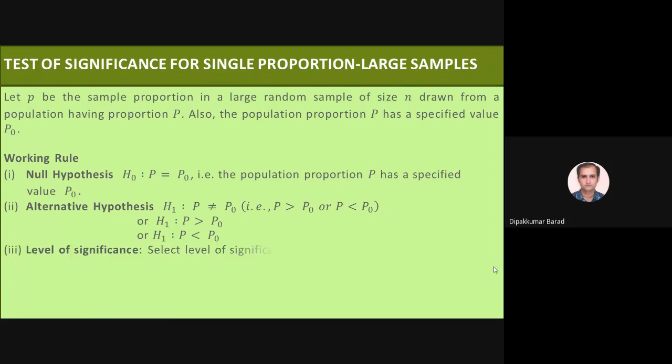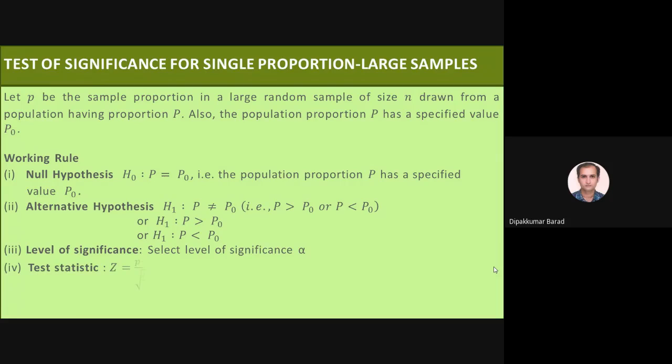Once we set the hypothesis, we have to write the level of significance. Sometimes the level of significance is not given in the example. Then by default we consider a 5% level of significance, which means 0.05. Mainly we discuss examples with a level of significance of 1% or 5%.